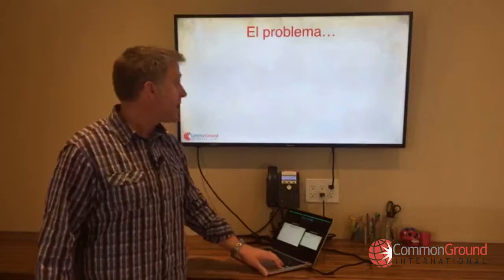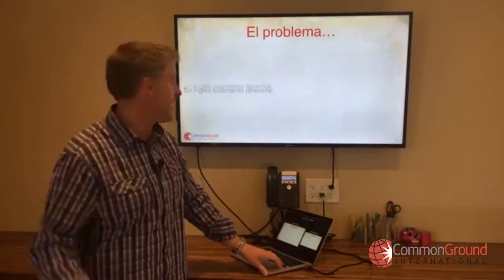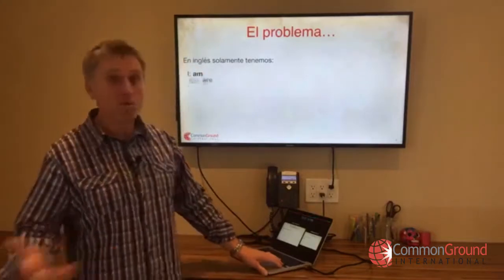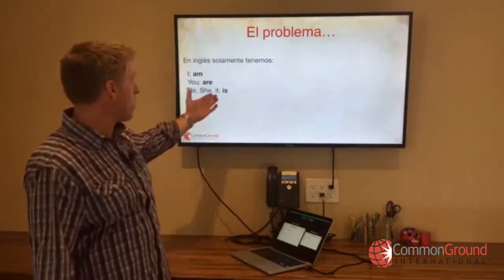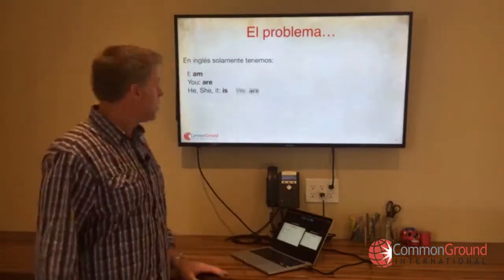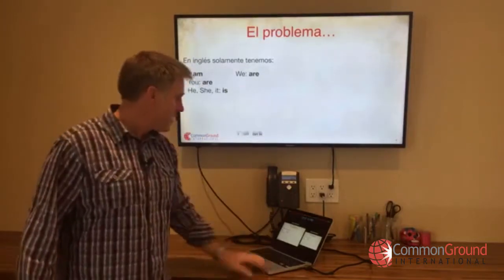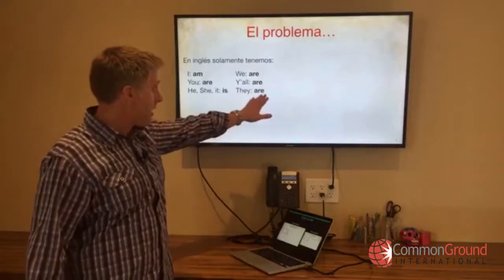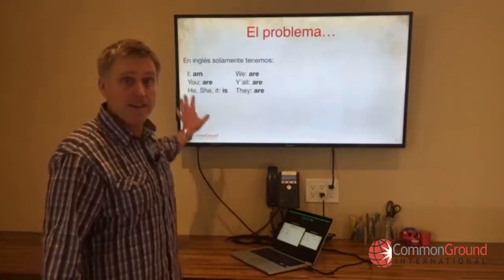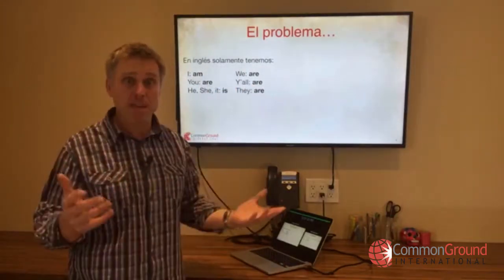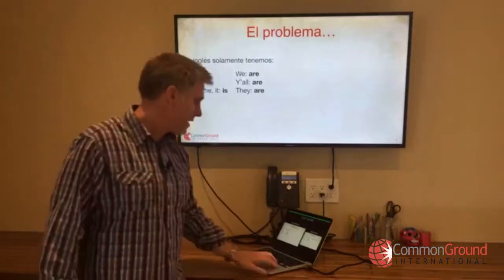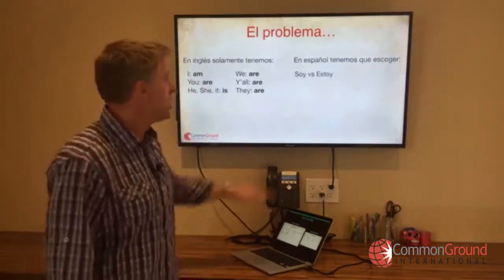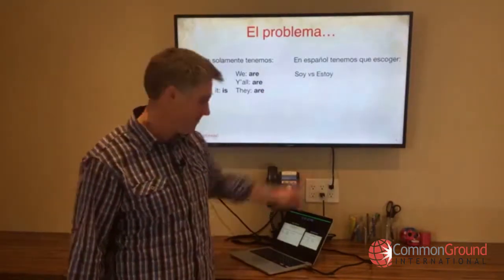El problema is that en inglés solamente tenemos I am, you are, he, she, or it is, we are, and y'all are, and they are. So this is all we have in inglés. We just have one verb to be. Pero en español tenemos que escoger. We have to choose. Soy versus estoy.